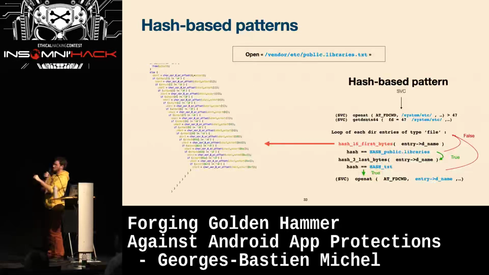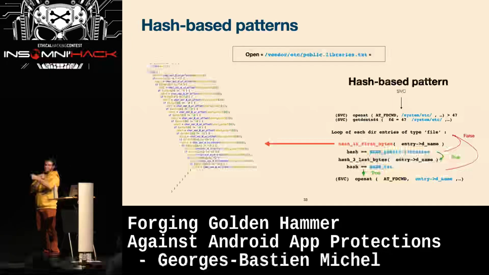So for each entry, the tool will hash each byte one by one. So it is difficult to hook only a function in order to retrieve the value which has been hashed. And another thing, this kind of function performs, in fact, a startswith of the string instead of a hash of the entire string.